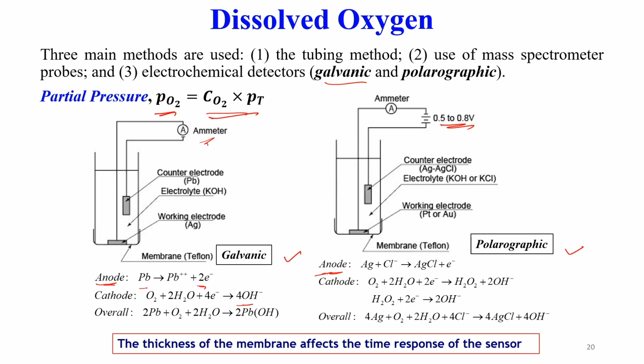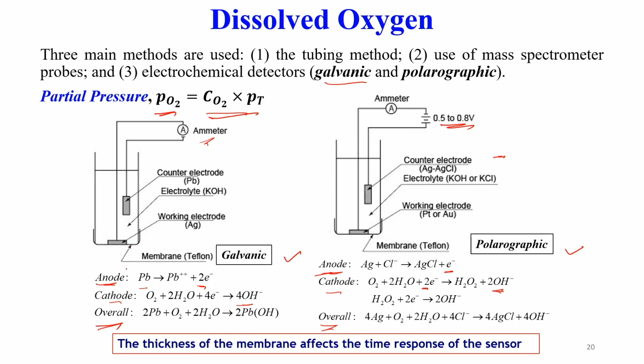Here in the case of polarographic, you are having an Ag plus Cl counter electrode. So, electron is generated here, and at the cathode the electrons are utilized to generate the hydroxyl radicals. So, you can combine the reaction of both at anode and cathode and write the overall reactions.